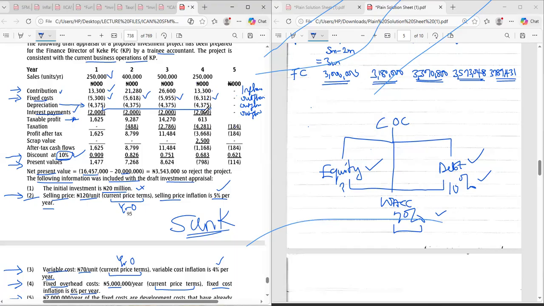So it should have used the 25% reducing balance method rather than using what? Straight line method. Does that make sense?